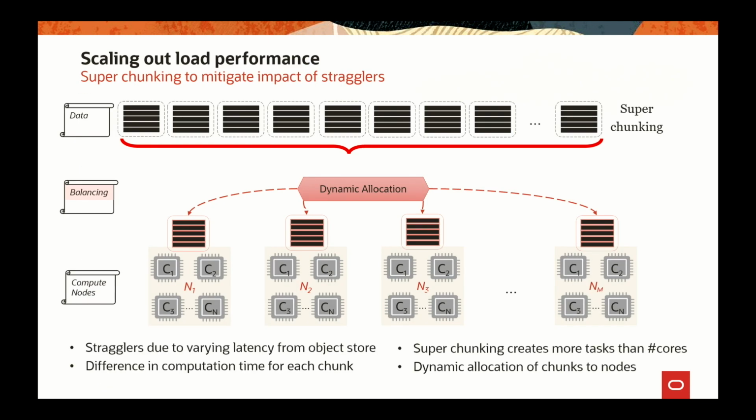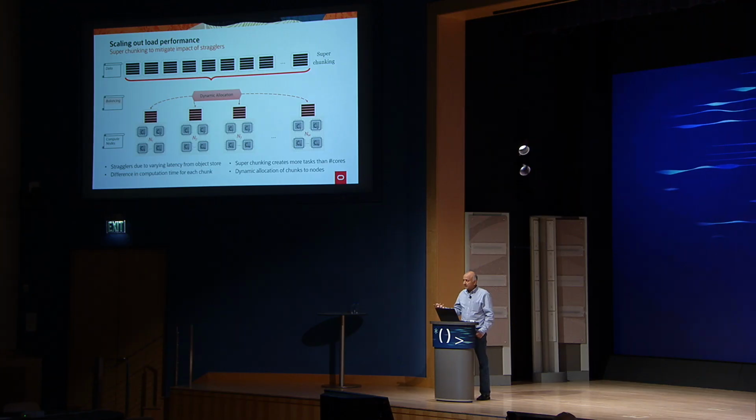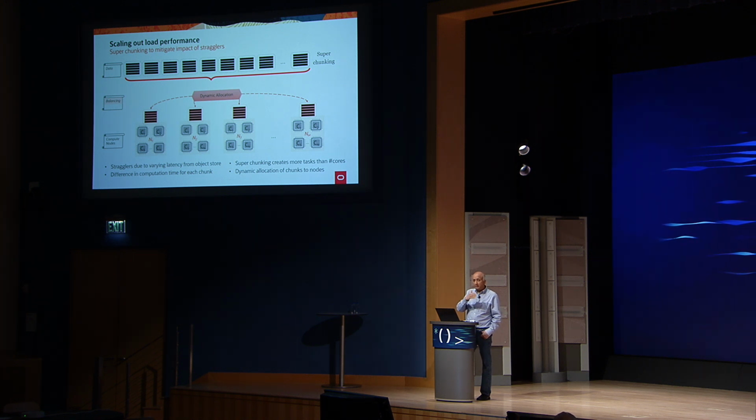Similarly for loading, we now have a scale-out mechanism to load data. When the data is read from the object store, there is some amount of variation depending upon, say, the data type, or depending upon which exact chunk you're reading from the object store, where there could be some difference in the latency of processing the data, because we're taking the CSV representation, and when we're reading into the memory of HeatWave, we're converting it into a hybrid columnar representation.